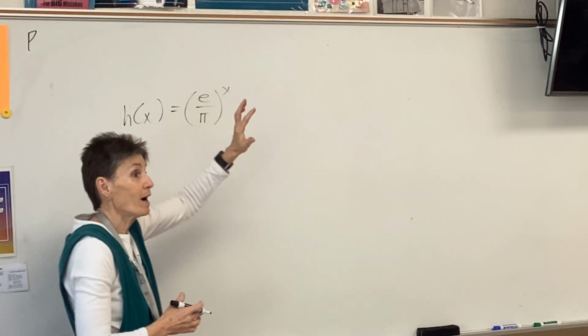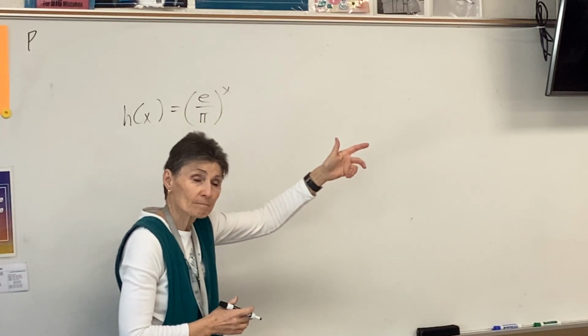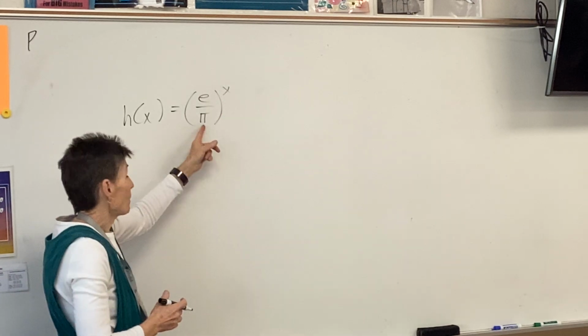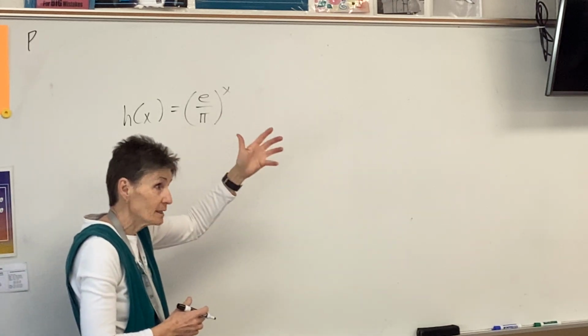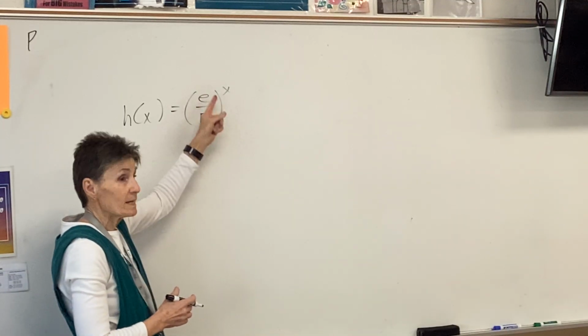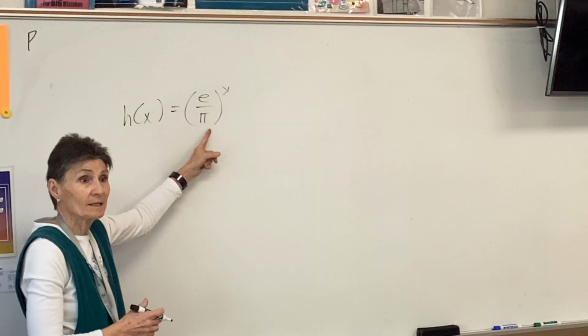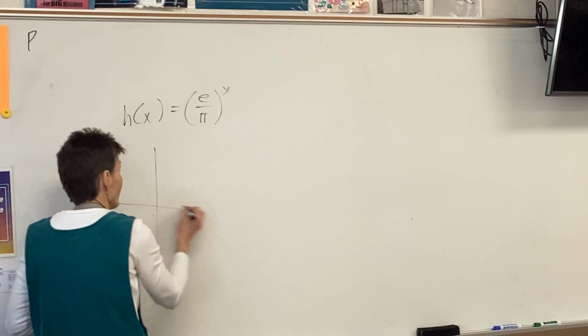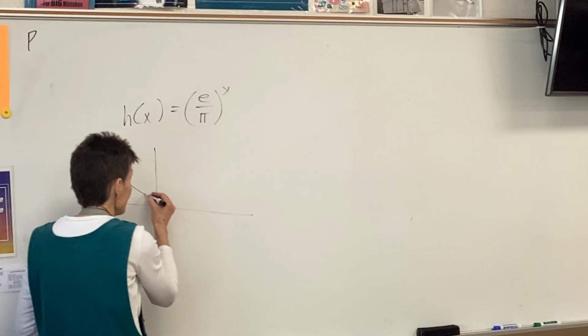E, approximately 2.7. Pi, approximately 3.1. So this guy right here is a number that is less than 1. So that means, remember, I know what exponentials look like. That means it's a decay.